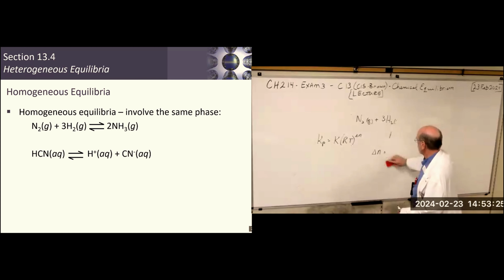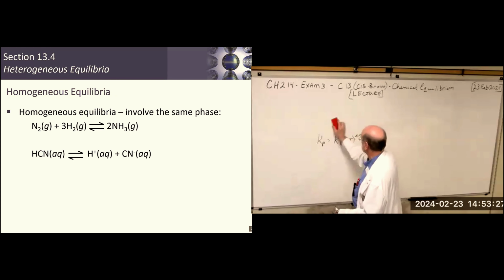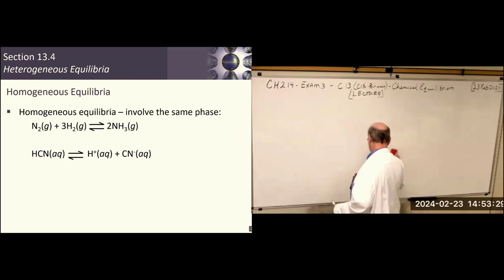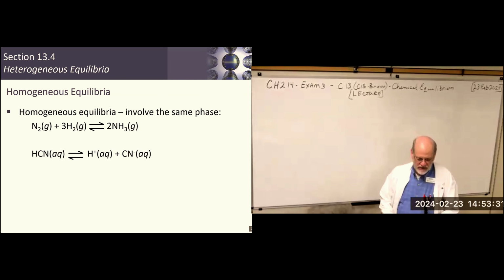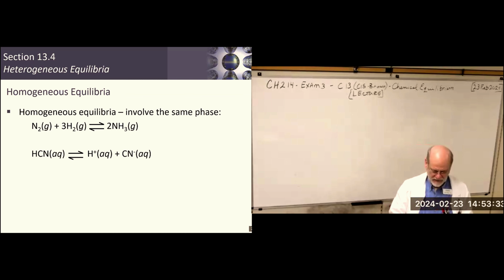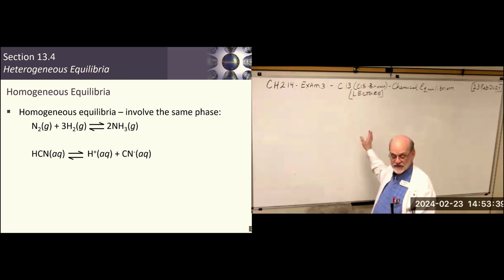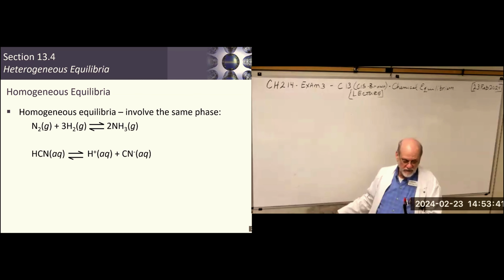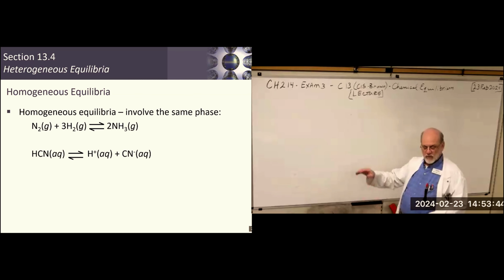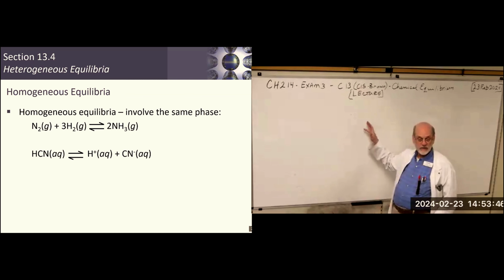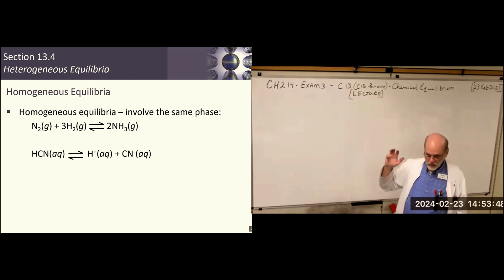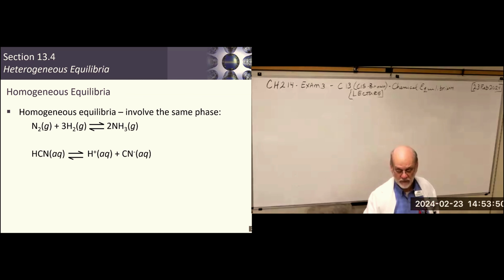All right. So we're going to throw the homo hetero at you again. So what's a homogeneous equilibrium? That's where all the reactants and all the products are in the same phase. This would be a good example. They're all gases. That's homogeneous equilibrium. Or if all the reactants and products are in aqueous solution, that would also be a homogeneous equilibrium.